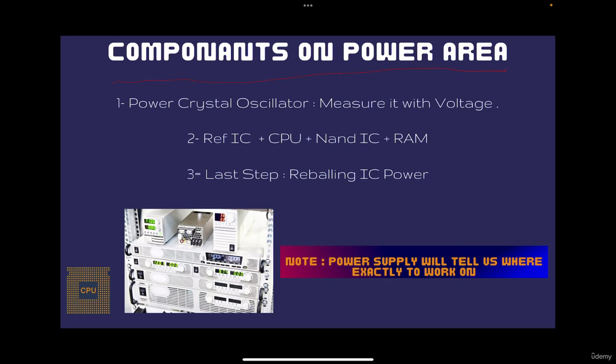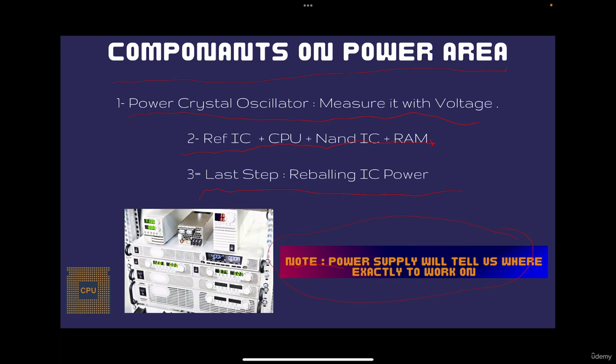Components in the power area: power circuits, oscillators, measure them with voltage. We always measure this with voltage. Ref IC, CPU, NAND IC, and RAM. Those may be the problem here, and the last step will be reballing the IC power, which we are going to see in the next lecture, how to work with the IC power and how to reball it. Note, the power supply will tell you exactly where you are going to work.